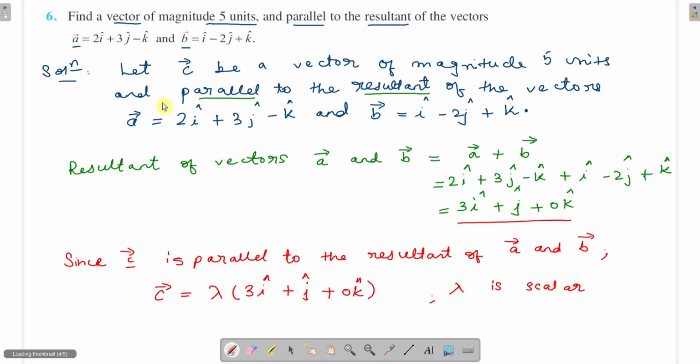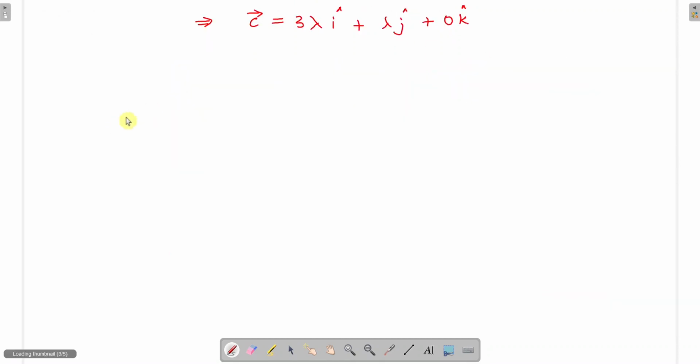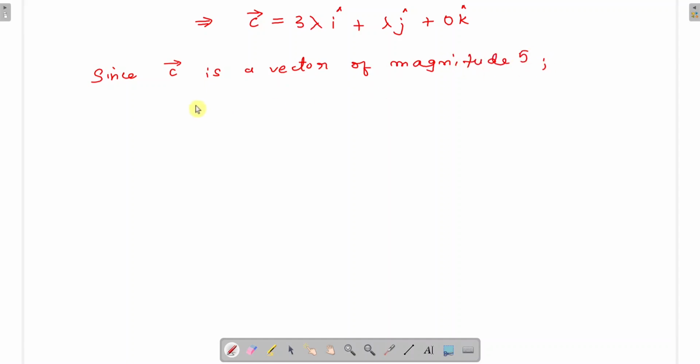Now we will use this condition. So this c bar is a vector of magnitude 5, right? So this condition we have to use. So since c bar is a vector of magnitude 5, therefore magnitude of c bar is equal to 5.